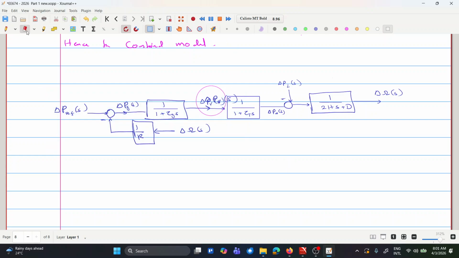So I will erase these unnecessary parts, hopefully I can do that, yeah. So this is delta PV(s), right? And then here you have the delta omega(s), so that is basically coming from here, right? So that's the combined model.